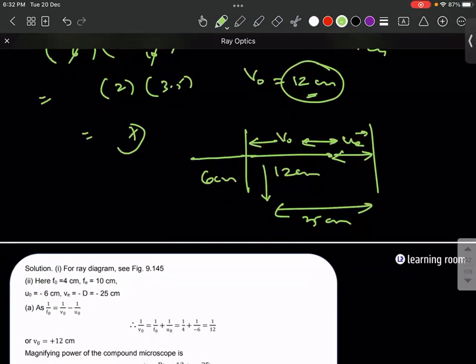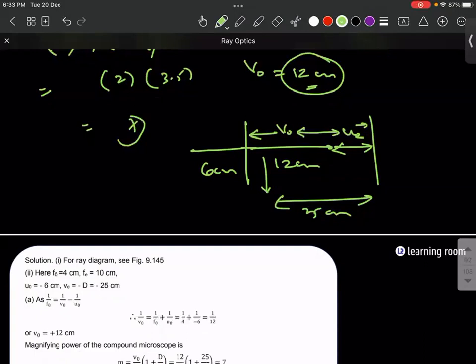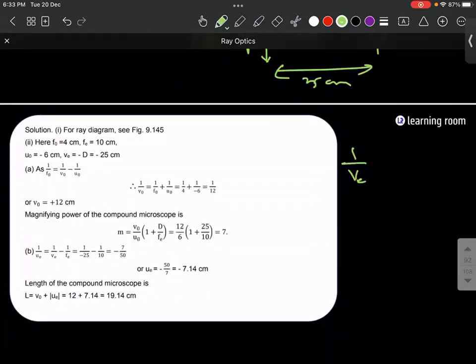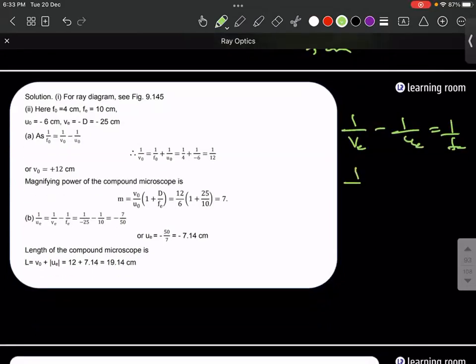So for that, we know V naught is 12. To calculate UE, we'll apply the formula 1 by VE minus 1 by UE is equal to 1 by FE. So what is the value of VE? It is minus 25.